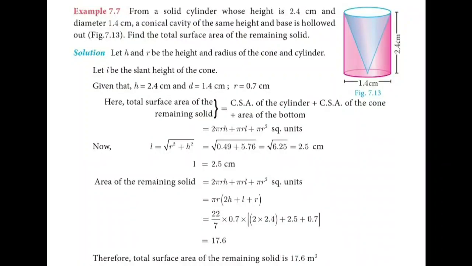Then radius r is equal to 1.4 divided by 2. We get radius is equal to 0.7 centimeter. Here total surface area of the remaining solid is equal to CSA of the cylinder plus CSA of the cone plus area of the bottom.